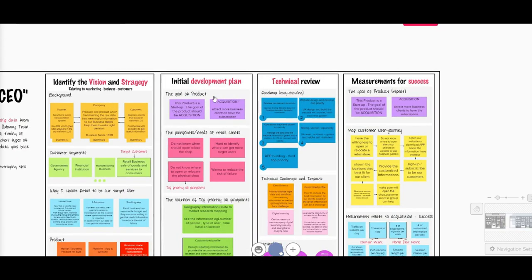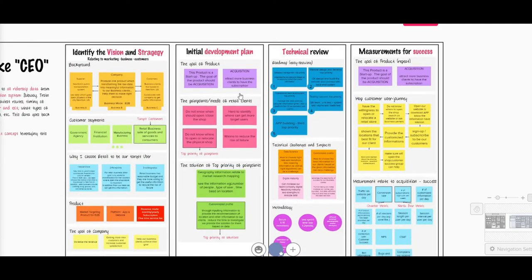Next, we need to do the initial development plan and technical review. From this, we need to identify the goal of the product, and we also need to brainstorm the pain points and needs of our target users, and list some solutions to the pain points. Because I'm just doing a case study, I wanted to make things clear and easier. So I choose the top priority pain points, and I choose the solutions related just to the top priority pain points.